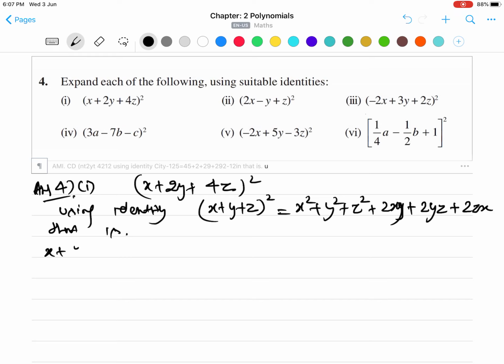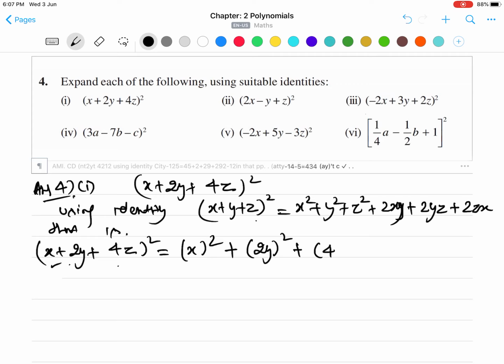Okay, all right, we have x plus 2y plus 4z whole square. Now you can see x here is x, y is 2y, and z is 4z. So this will be first x square, x is x, then we have plus y square, y is 2y, then we have z square, z is 4z.